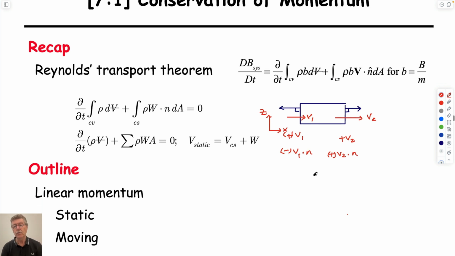Today, we'll also entertain the prospect that we can have a quantity which is the velocity 1 times the dot product and velocity 2 times the dot product. It's a bit premature now, but this is going to be the velocity in the Cartesian direction. So this is in the positive x, so this would be a positive value.